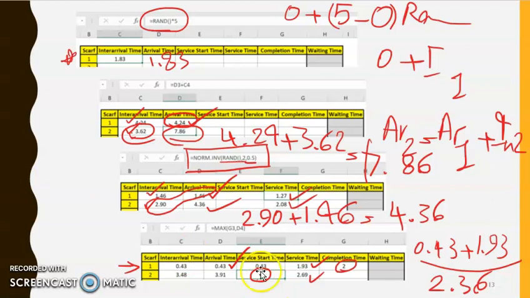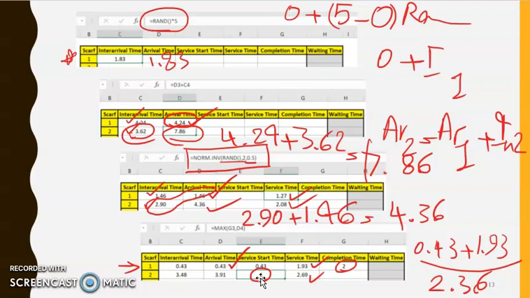See, the service start time of the first customer is the arrival time. Straightforward, easy to understand. But the service start time of the second one is connected to the completion time of the previous customer. Makes sense?